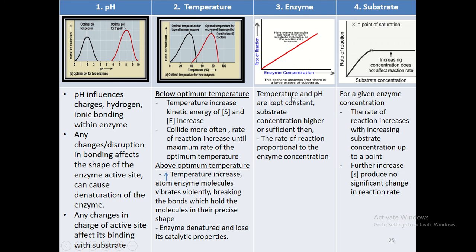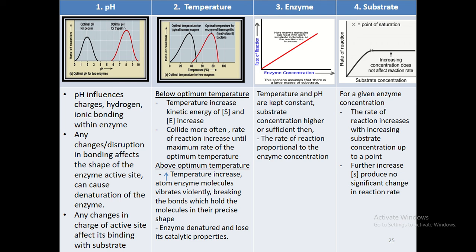So when the temperature and pH of that reaction are kept constant and the substrate concentration is higher or sufficient, then the rate of reaction is proportional to the enzyme concentration. The higher the enzyme concentration, the higher will be the rate of reaction, depending on the substrate concentration.